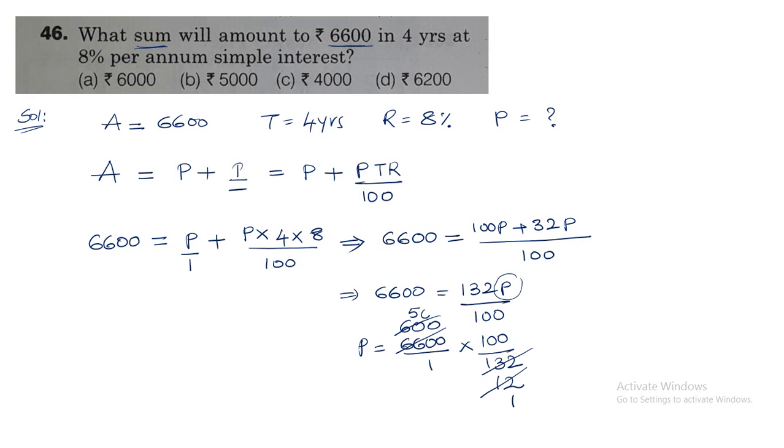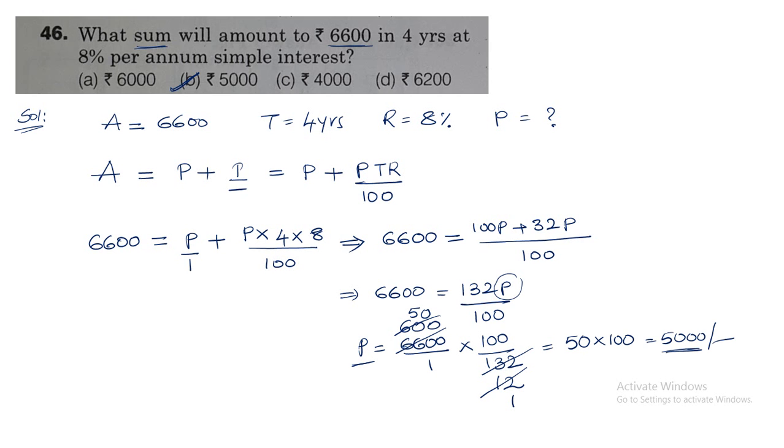One more 0 is there, so that 0 will be carried. Then 50 into 100 gives me 5000 rupees. So the principal is 5000 rupees. With 5000 he has started, and if we give it for 4 years, then the amount will be 6600.